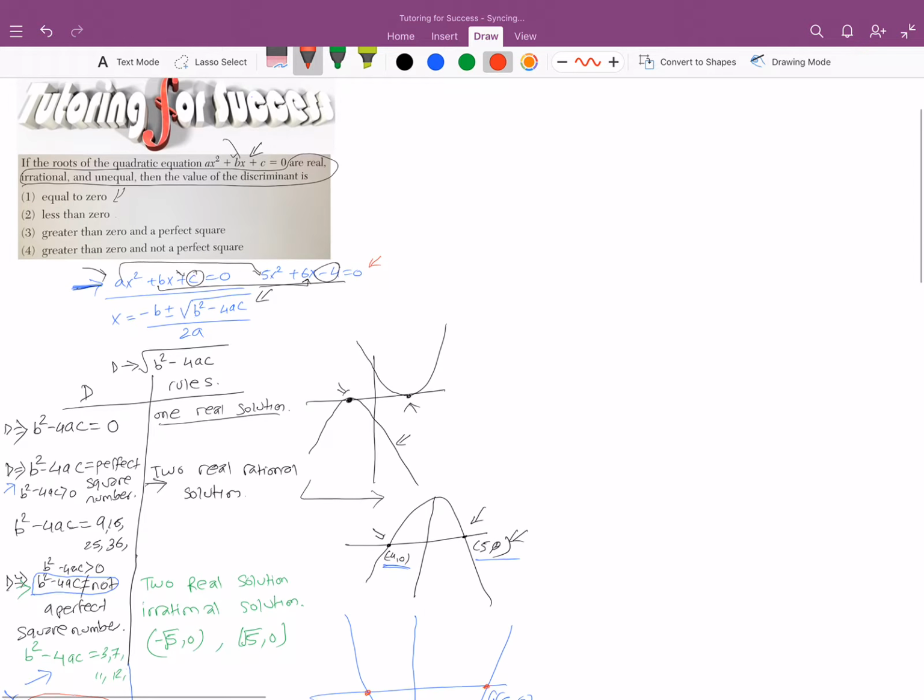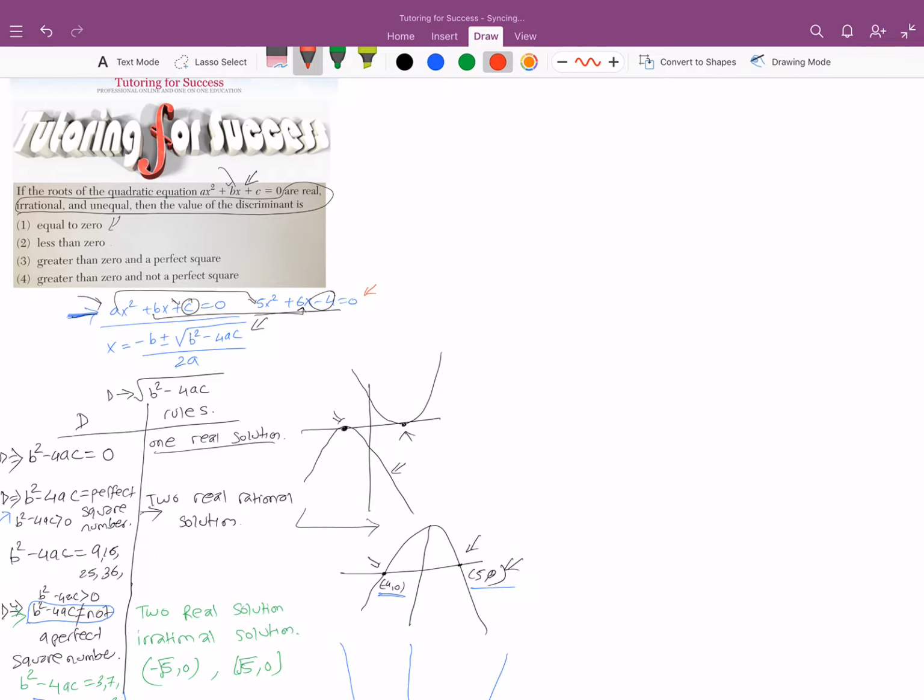Practice this with a couple of problems. Let me shorten this rule. So let's say the discriminant is represented as D. D equals 0, D perfect square, D not a perfect square, and D less than 0.